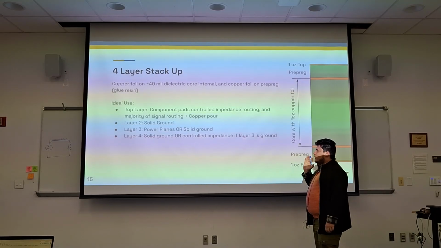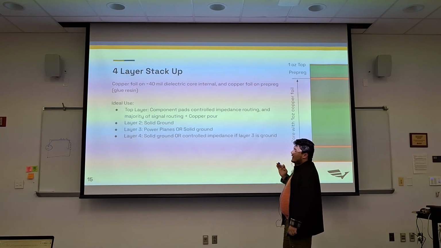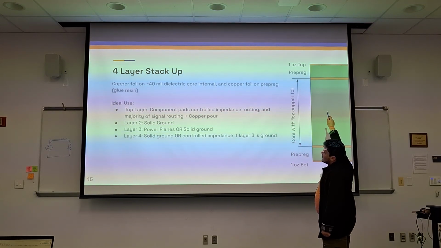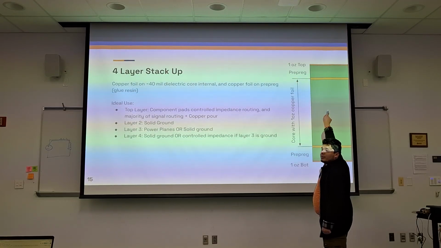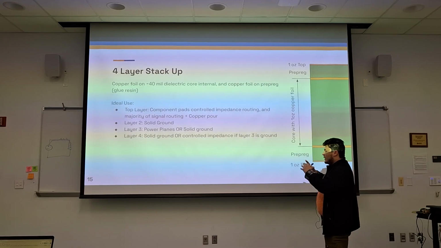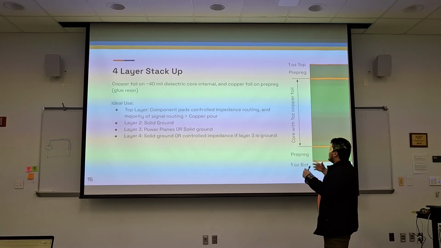That's where all of your critical routing is going to be. And ideally, there should be a copper pour, and I'm going to go into that soon. So, top layer, and then what I want to see is a nice solid ground so that we have nice short return loops, so that we reduce the electromagnetic radiation and inductance.